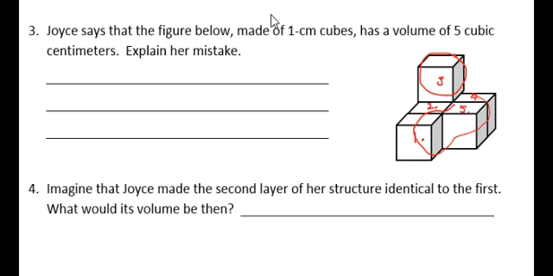If I copied that layer for my second layer, that would give me another cube here, and another cube above 5, a cube above 2, and a cube above 1. And that would give me a total of 10 cubic units. Since the base is 5 units and we copied it on top, that would logically be 10 units that make up the figure.